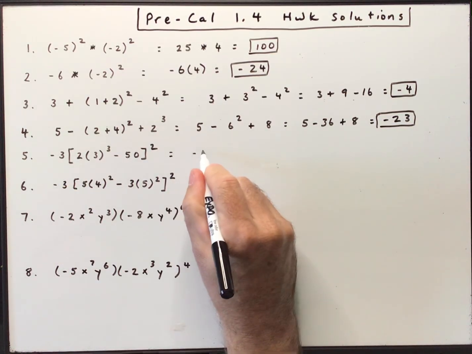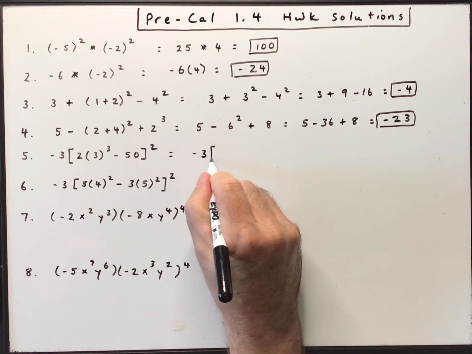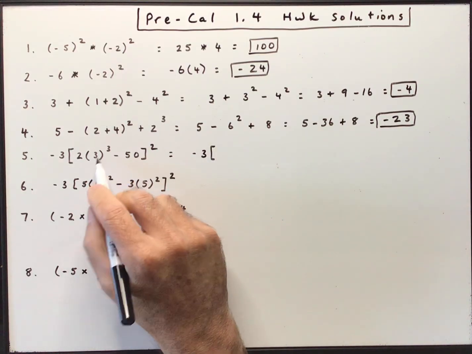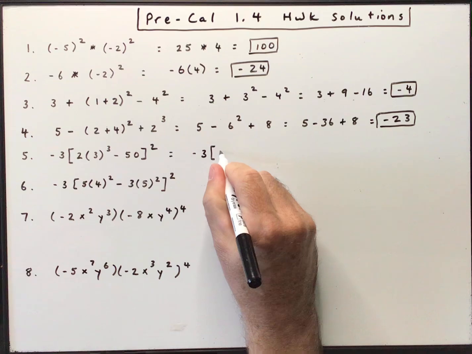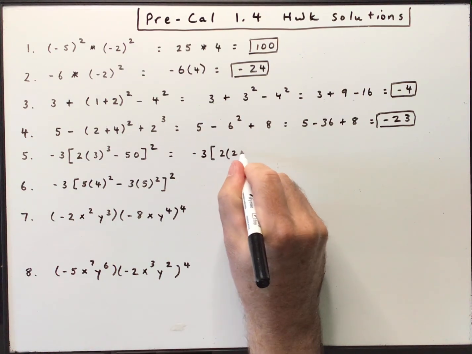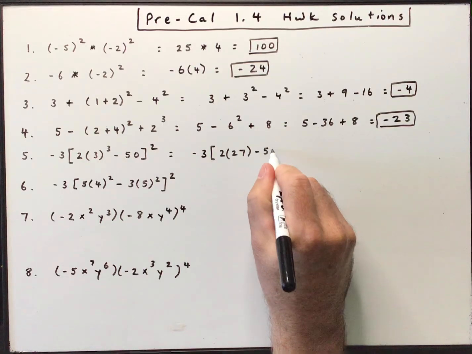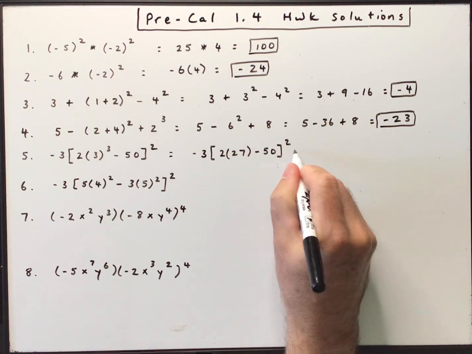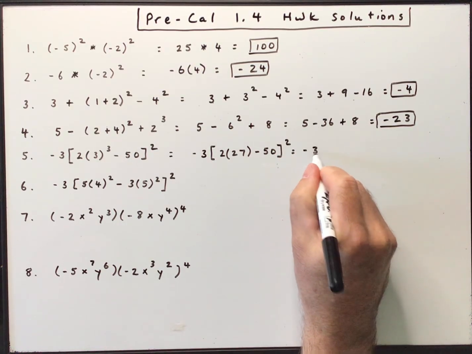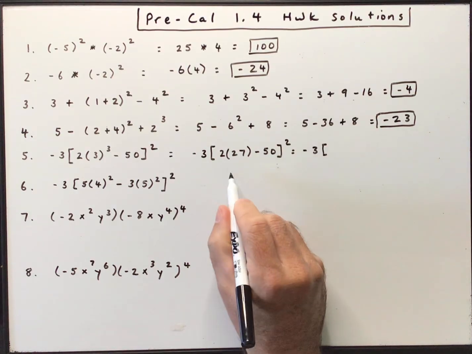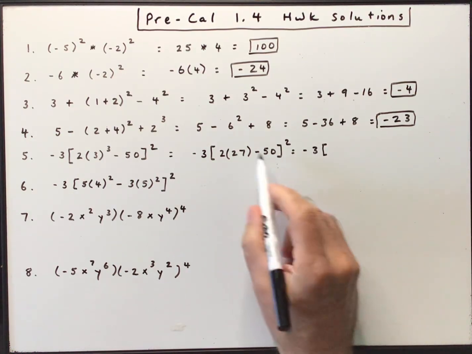All right, I'm going to just leave that -3 out front of the brackets for now. 3 cubed is 27, so that's 2 times 27 minus 50 all squared. So 2 times 27 would be 54, right?